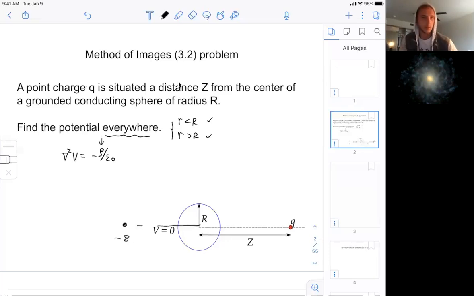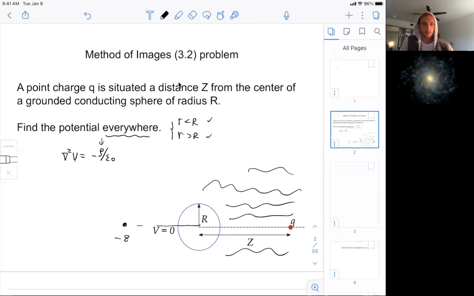In the region we're interested in, for example outside, there's no charge except this Q, right? So you cannot change the charge density. Thank you, Justin and Benjamin, for putting that in the chat. But if you put a real image charge anywhere outside, the outside space is no longer the same charge distribution. You have changed the density rho.